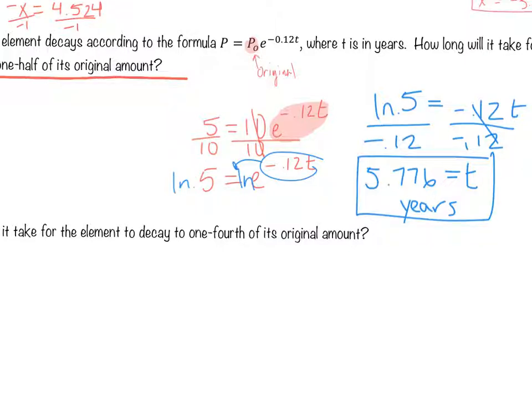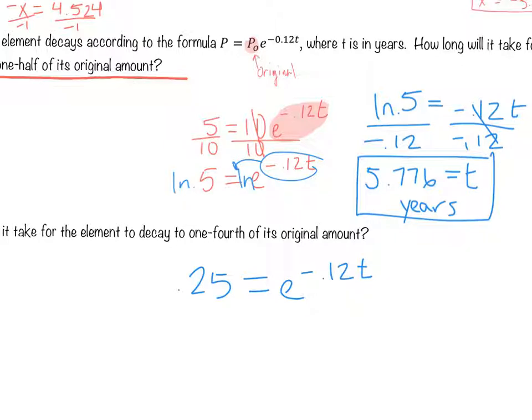So you can use the same knowledge and understand that if it's going to decay to 1/4 of its original amount, it'll simply be 0.25 equals e to the negative 0.12 t. You could do any amount. 1/5 and it'd be 0.2.